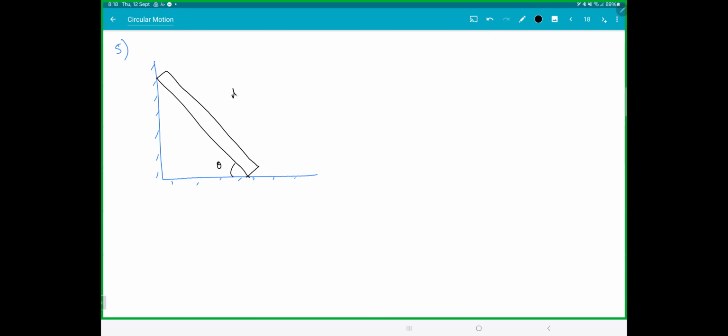Theta. Length L. This point A is going with speed U. So A is pulled with a constant speed U. This is point B. Find omega of the rod at this instant.